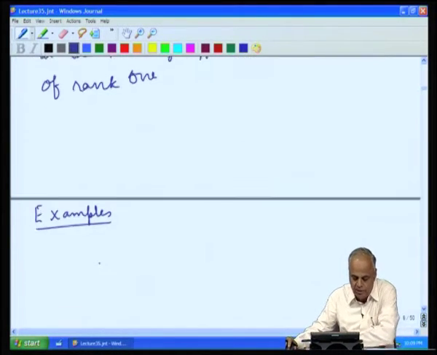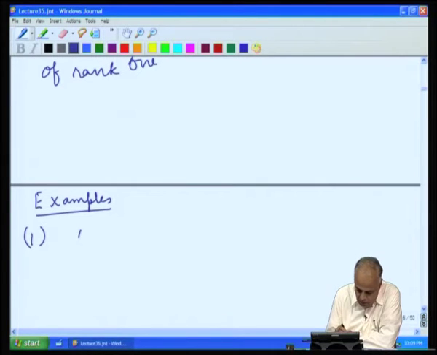So, let us look at the first example, a matrix which we have seen in the last lecture.